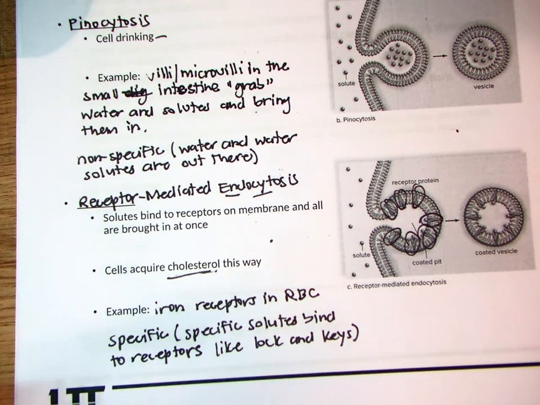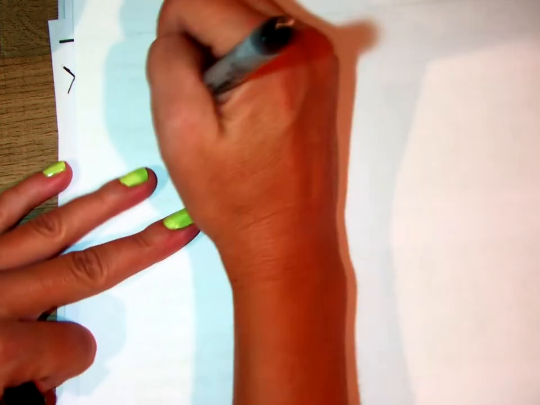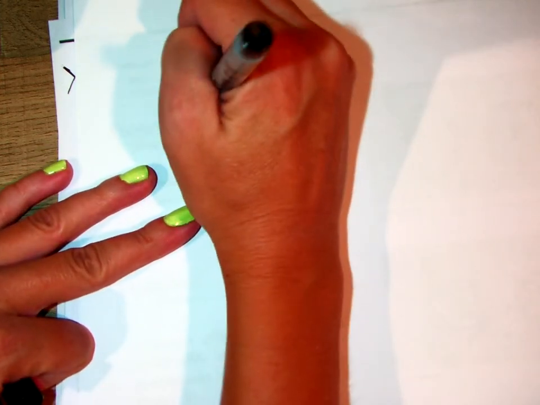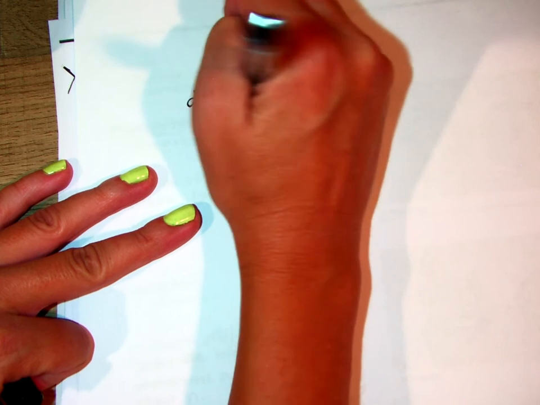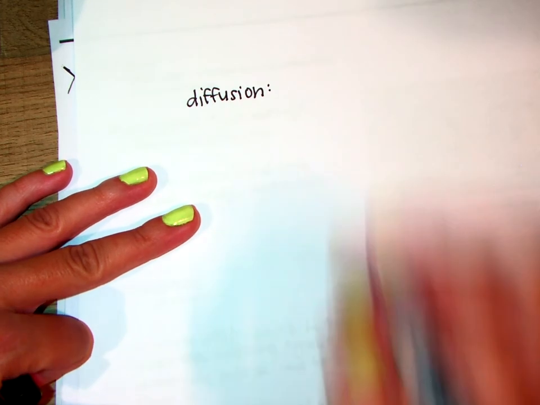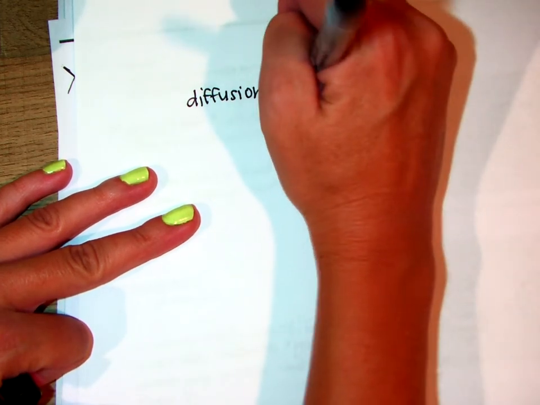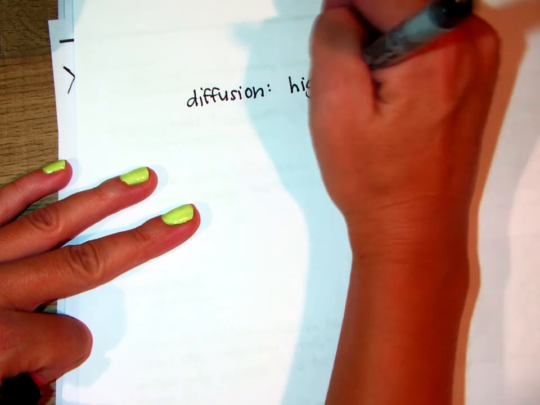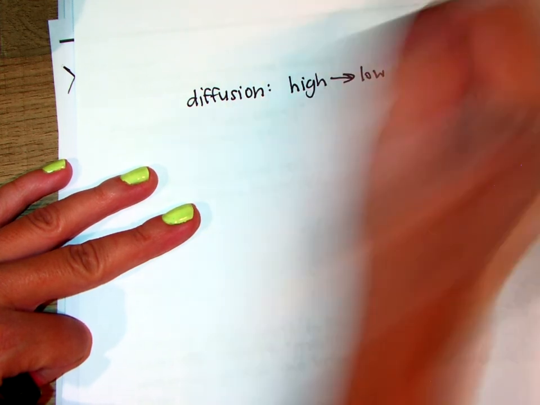So, in summary here, let's make sure we know about diffusion and osmosis. Diffusion, and we already essentially wrote this down, but I just want to make sure you understand, is the movement of solutes from high to low concentration.